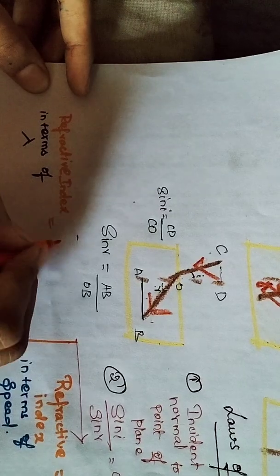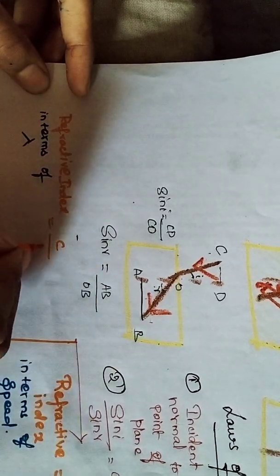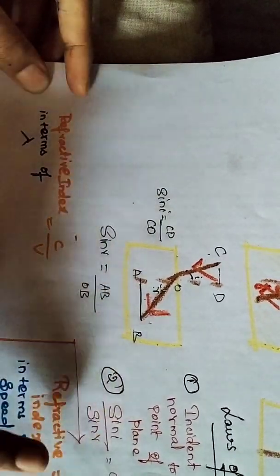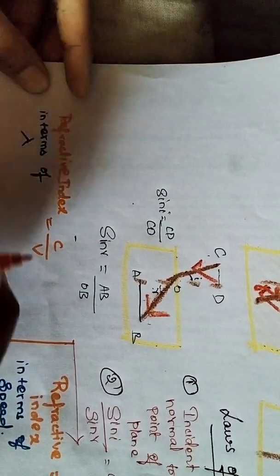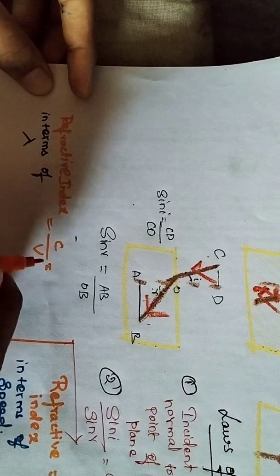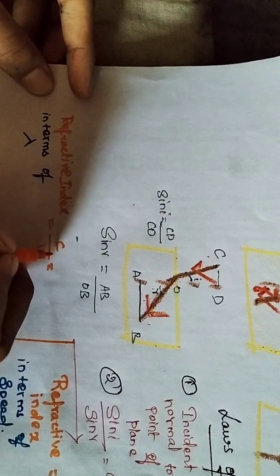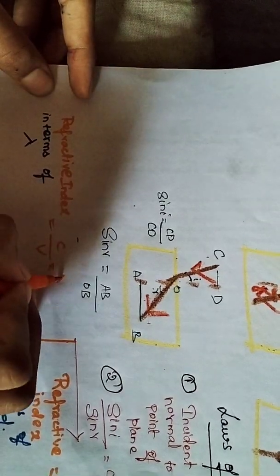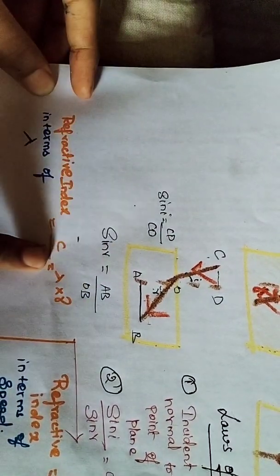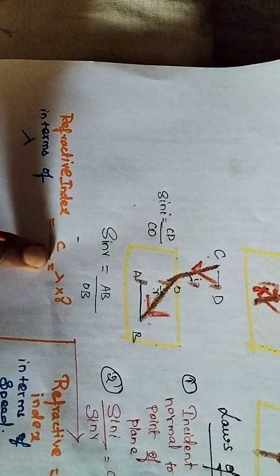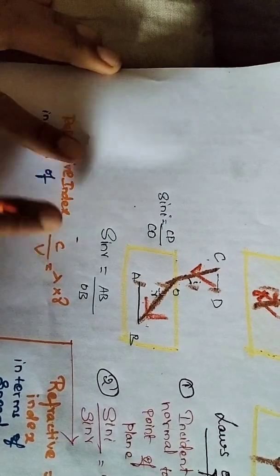That's the formula over here, C by V. C is speed of light in vacuum and V is speed of light in medium. We know that speed can be written as wavelength into nu. I have taught this formula in the structure of atom lesson as well as the atoms lesson in physics and chemistry, how this formula is derived.